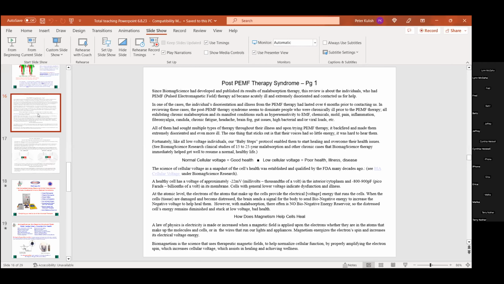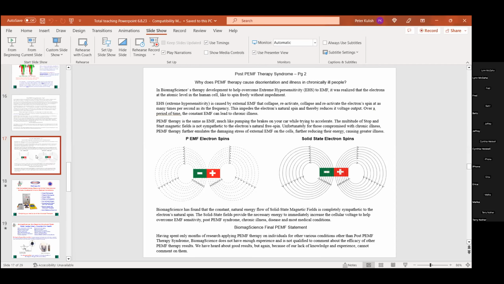One was a beamer and one was another thing. I don't know, they're basically much the same. And it threw them for a loop. It backfired on them. Instead of helping them, it left them even worse off than they had been previous to the therapy.